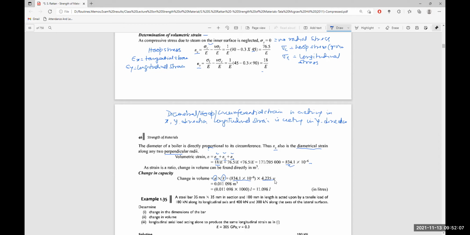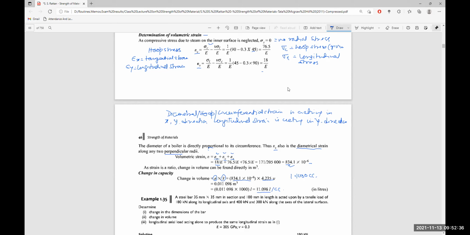If we multiply it by 1000, it will convert it into liters, since one liter is 1000 cc. So it will become 11.098 liters or cc itself.